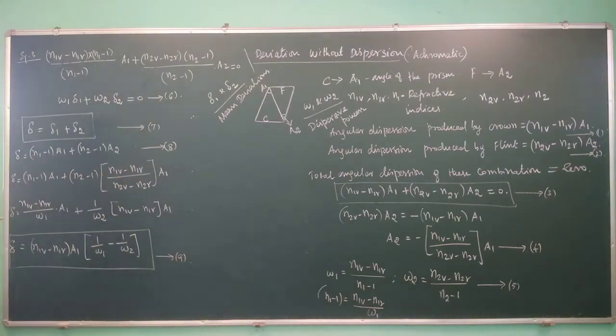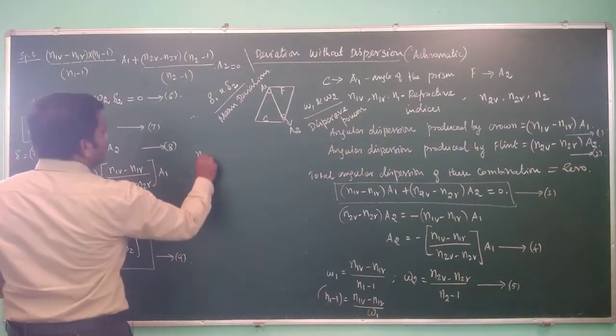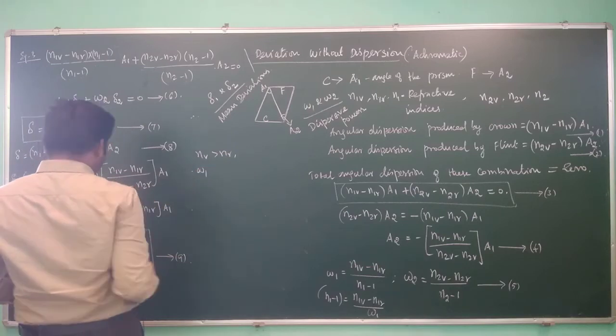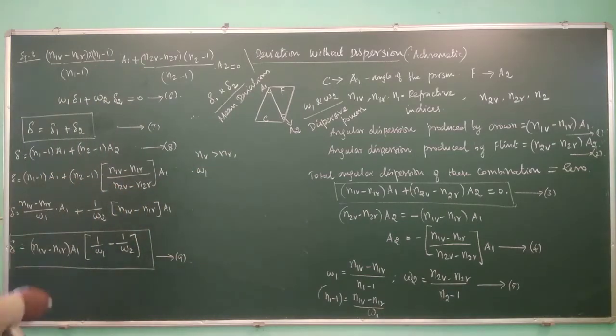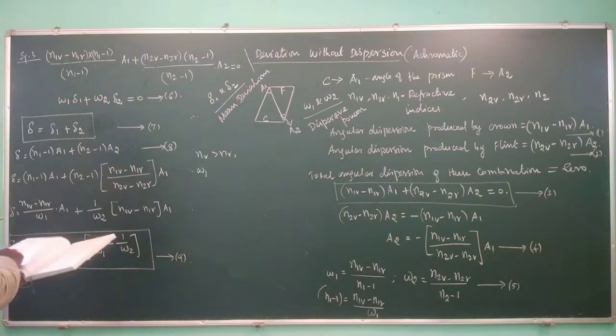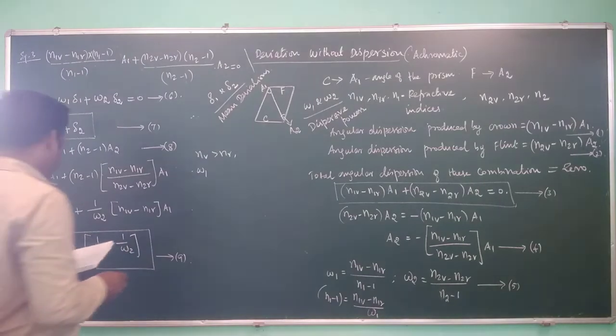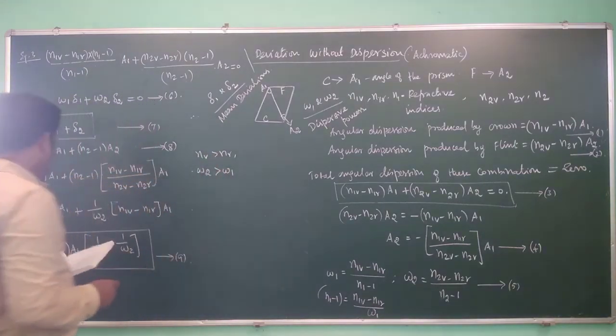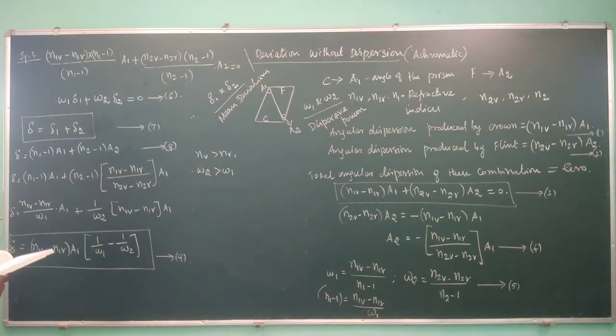In equation number 9, the refractive index for violet is greater than the refractive index for red, right? So NV is greater than NR, and here the dispersive power of flint is higher than the dispersive power of crown prism.